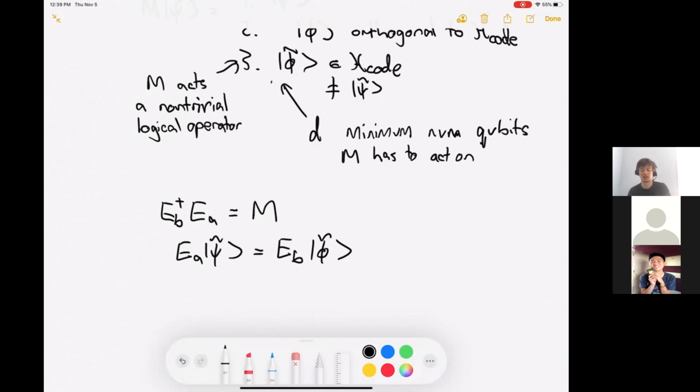Okay, so that's how you get that you can only correct errors on strictly less than half d qubits. That makes sense?